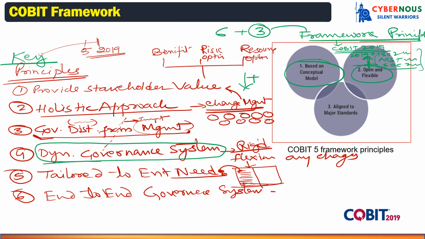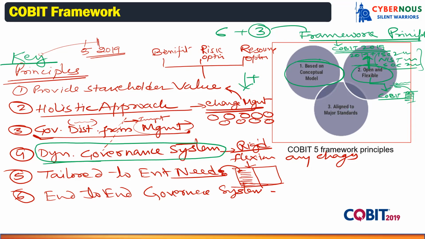It is prepared in such a fashion that it is compatible with other frameworks as well, and when you implement COBIT and some other framework, it doesn't create a problem for you. And it is flexible as well. It is not that once you implement COBIT, you need to implement all those controls 100%. You can customize them, optimize them, and use them in your enterprise as per your requirement. That is what it says, open and flexible.